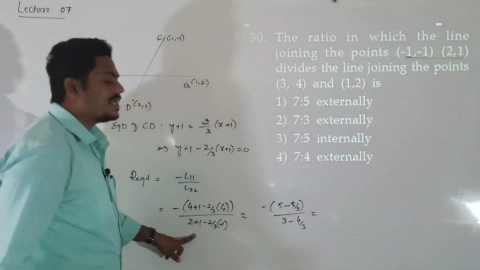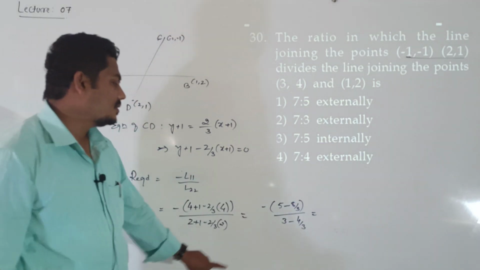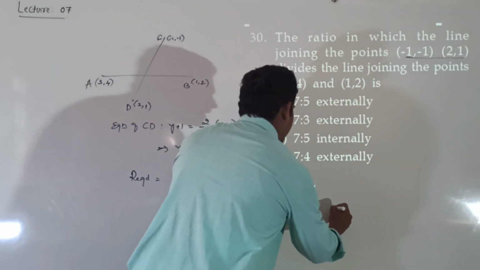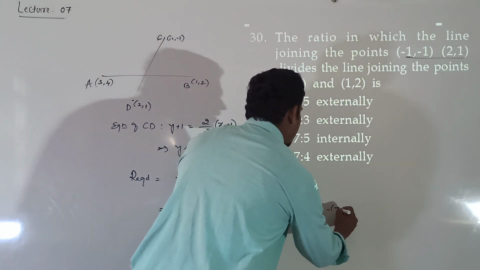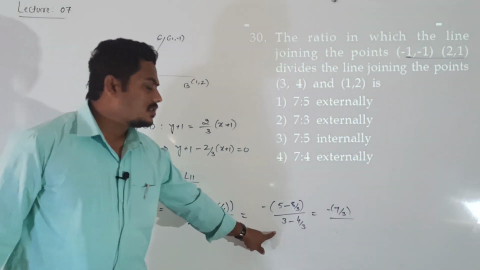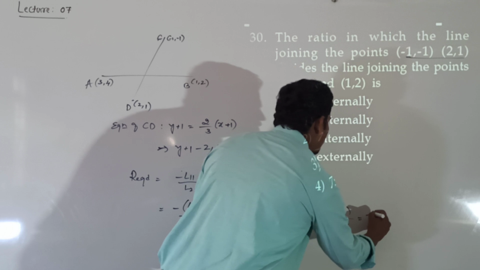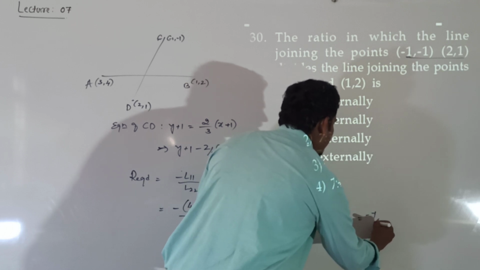Taking LCM, 15 minus 8, that is 7, negative sign outside, 7 divided by 3, divided by, in the denominator also taking LCM, 9 minus 4 is 5 by 3, that's equal to minus 7 divided by 5.